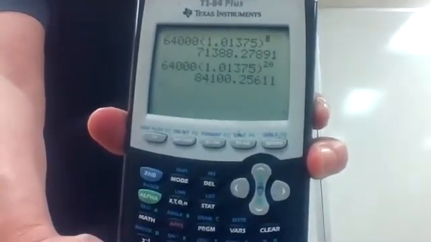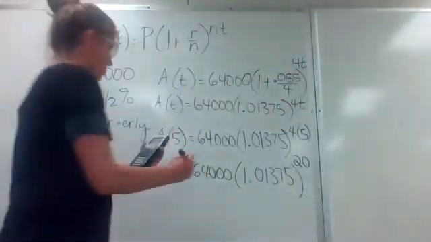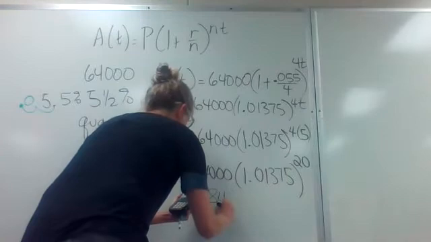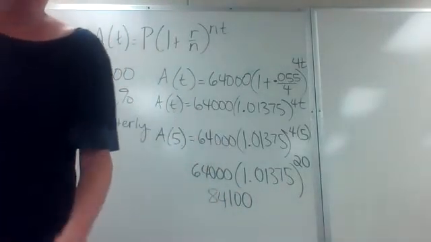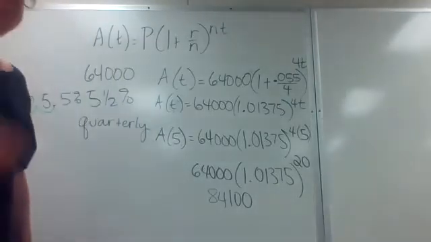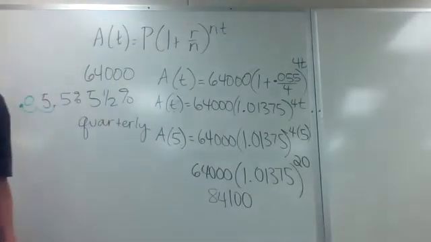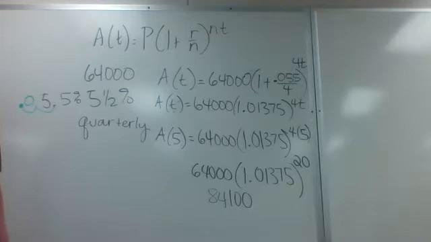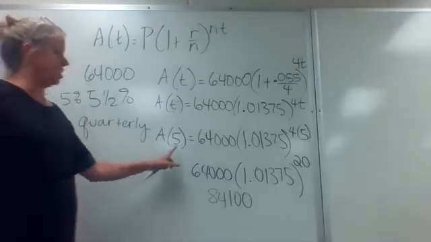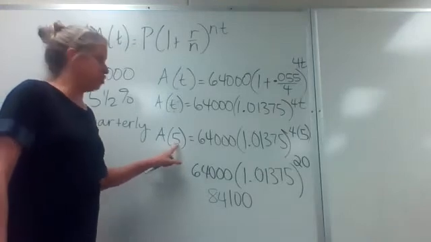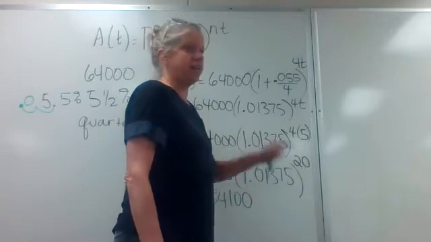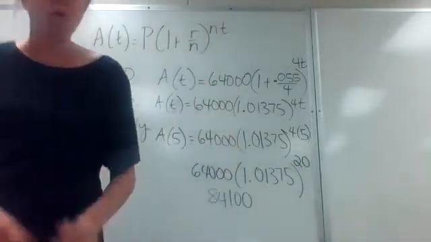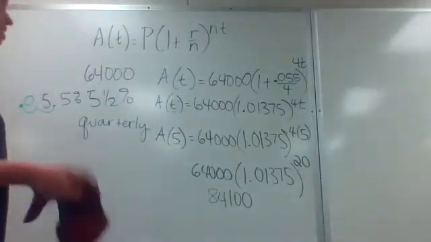And round it to the nearest dollar. So you have 84,100. The number after the decimal is a 2, so I don't need to round up. All right, there is one more part to this question, but it's still doing the same thing over and over. It says t equals 10. So you would just put 10 in both of those spots and make your exponent 4 times 10, which is 40, and put that in your calculator.